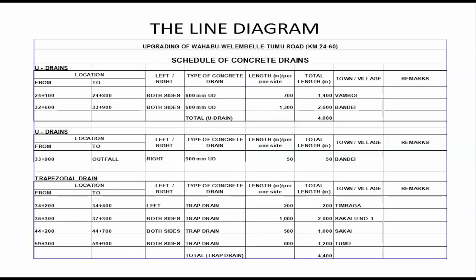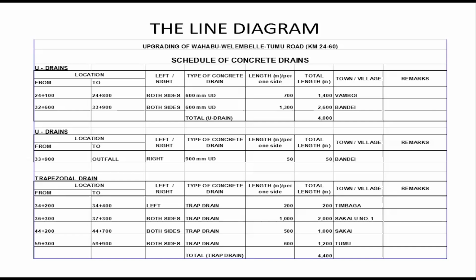Then we have the concrete drains as well. Here it is divided into two, U drains and trap drains. So every detail is there. For example, the U drain starts from GNH 24+1 and ends at 24+8.